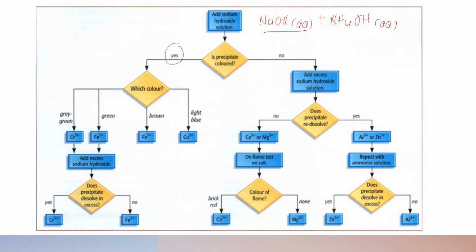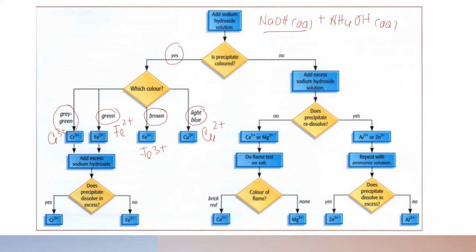If the color is light blue, what we have is Cu2+ ion. When the color is brown, what we have is Fe3+ ion. When the color is green, what we have is Fe2+ ion, or Cr3+, also green.